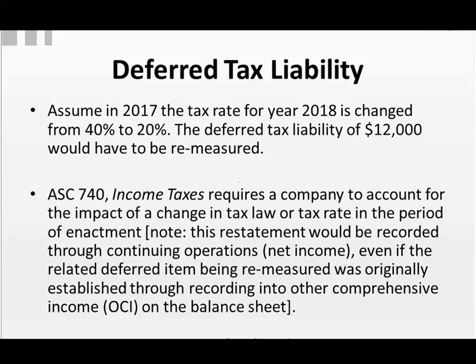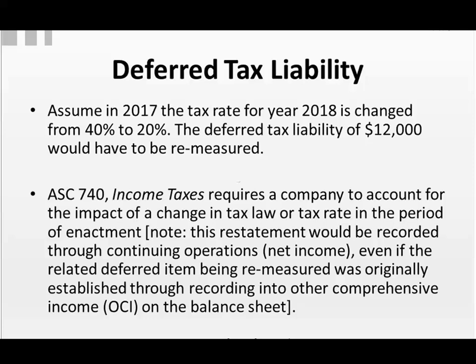So in our case, it would be December of 17. This restatement would be recorded through net income, through continuing operations, even if the related deferred items being remeasured were originally established through recording into other comprehensive income, which creates a stranded item that we're going to talk about a little bit later, okay?